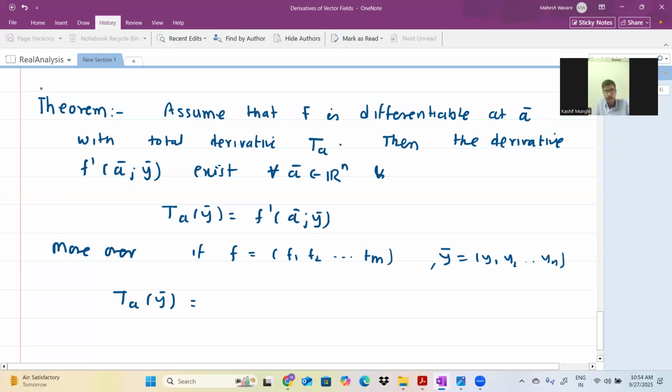It should be the summation over K from 1 to M of the dot product of the gradient of each component of F with Y, times e k. Y e k means what? If K is 1, then Y e 1 is just Y1, like that. The meaning of this is the kth component of Y.